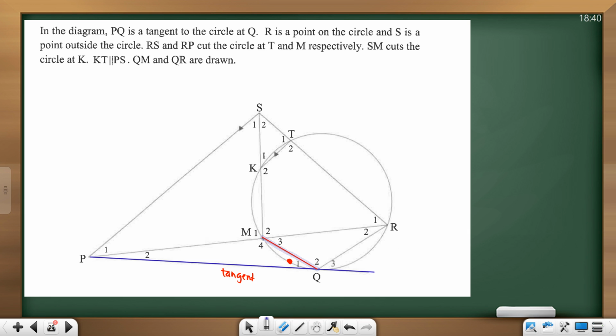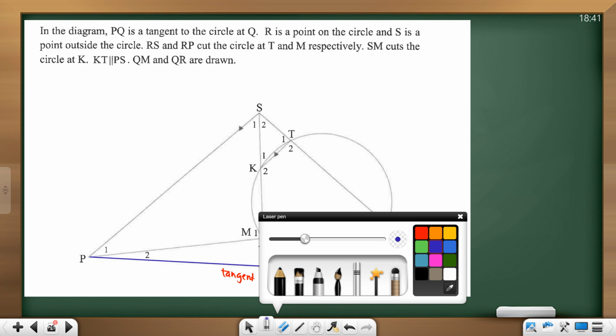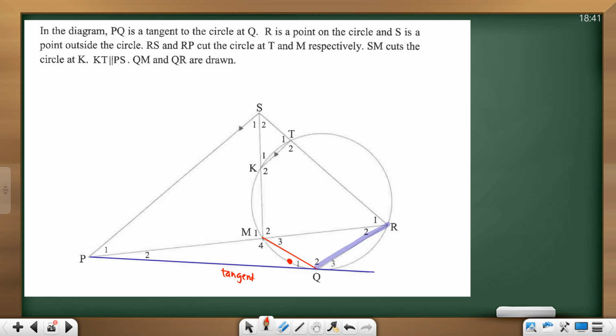Find where the chord subtends on the circumference. Does that make sense? So already I know my Q1 is what? Well, let's use X. If Q1 is X, R2 is what? X. What is the reason? Tan chord. I might just need it somewhere.